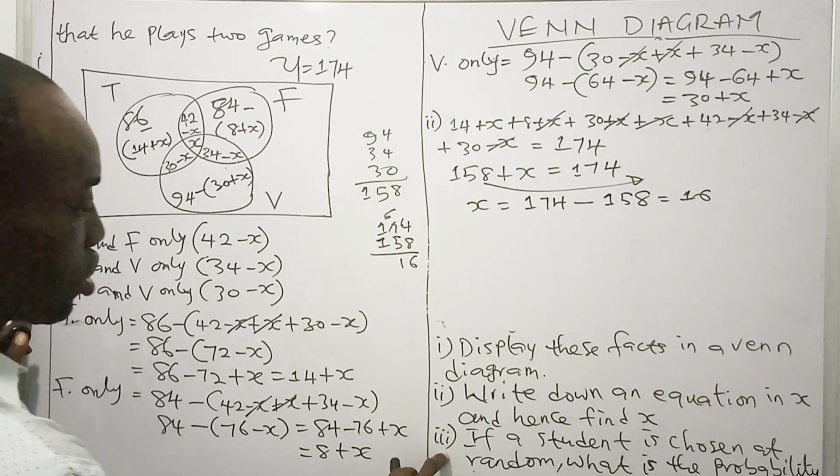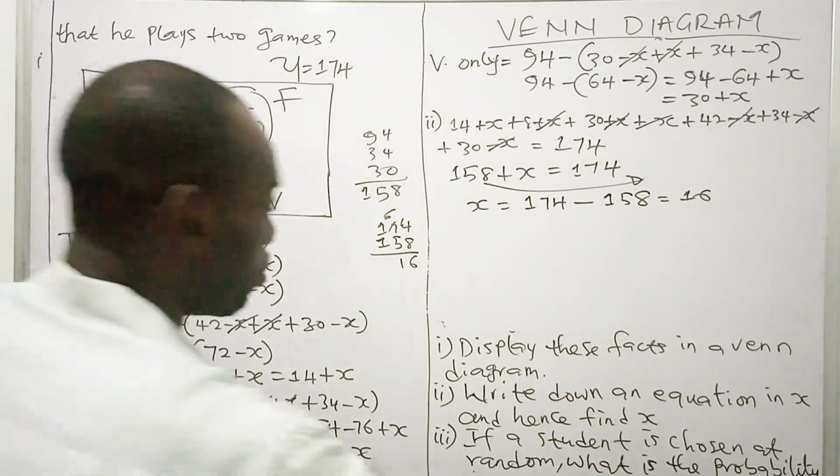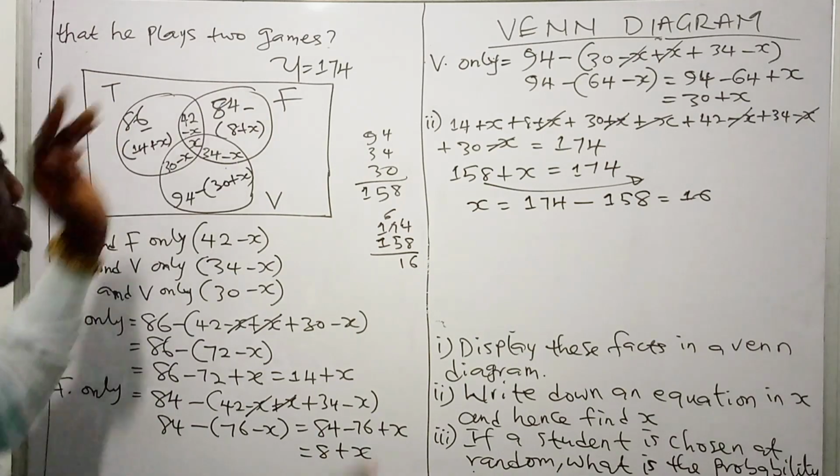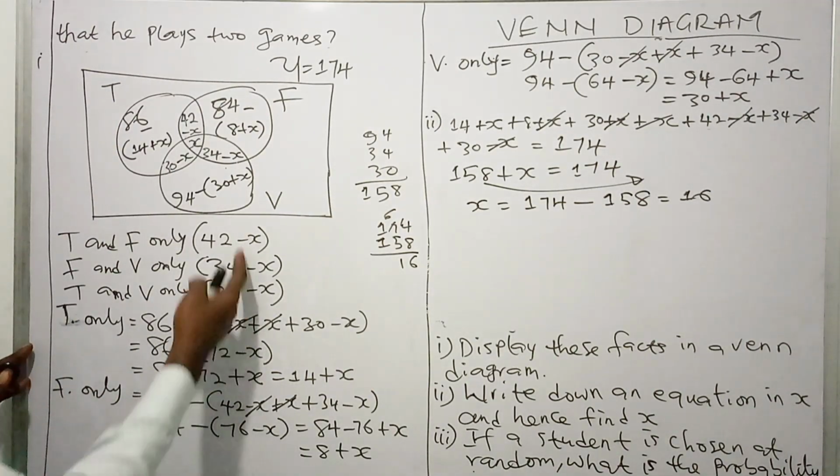Now, going back to the third question, they said, if a student is chosen at random, what's the probability that he plays 2 games? Those who play 2 games are those indicated by this expression.